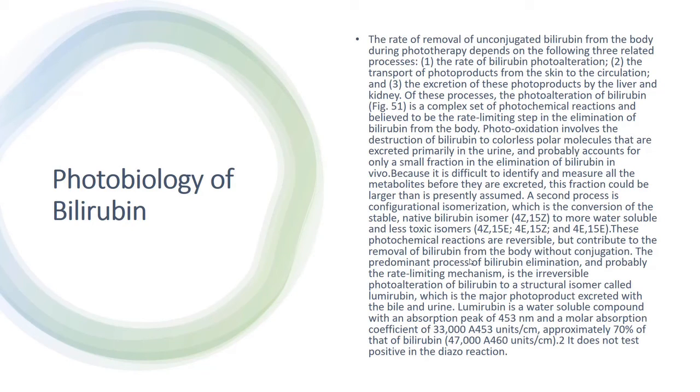The rate of removal of unconjugated bilirubin from the body during phototherapy depends on the following three related processes. 1. The rate of bilirubin photoalteration. 2. The transport of photoproducts from the skin to the circulation. And 3. The excretion of these photoproducts by liver and kidney.